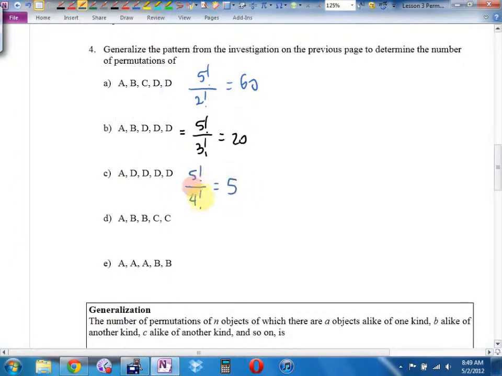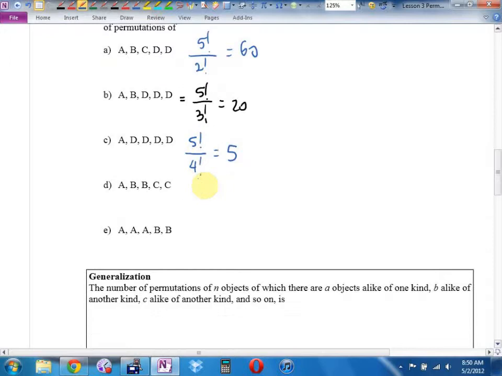By the way, can you see that this had to be 5 just by looking at this? Because isn't it on the top 5 times 4 times 3 times 2 times 1, and on the bottom 4 times 3 times 2 times 1? And I would argue there I shouldn't even have gone to my calculator. I should have seen that the 4, the 3, the 2, and the 1 are going to cancel. All that's left on the top is a 5. Right?